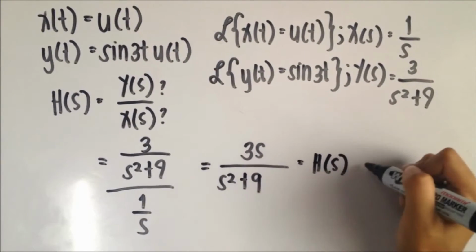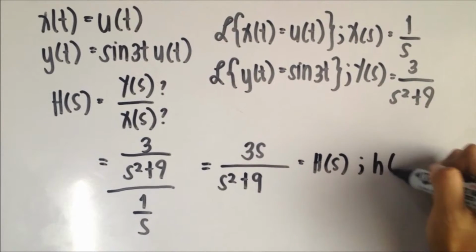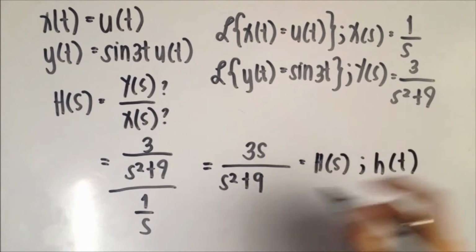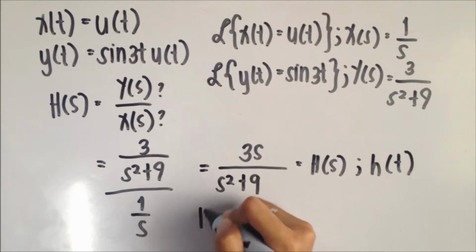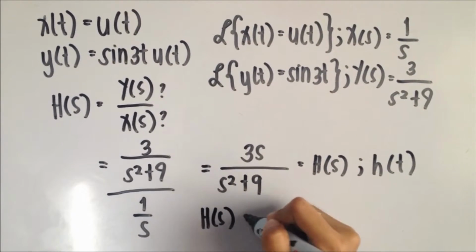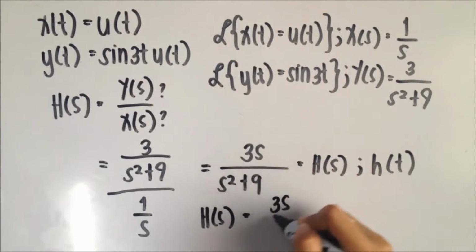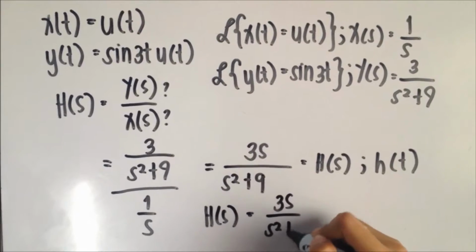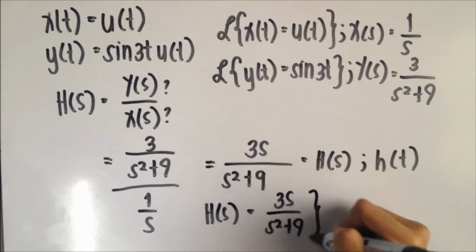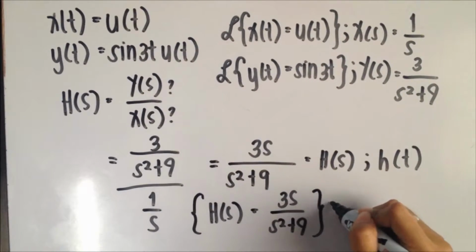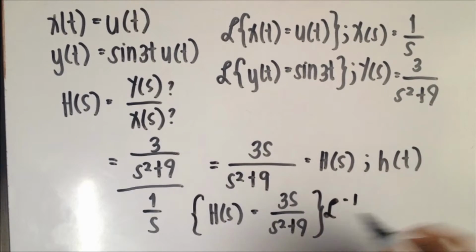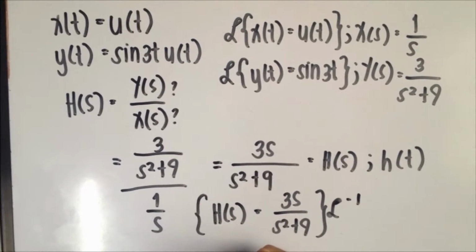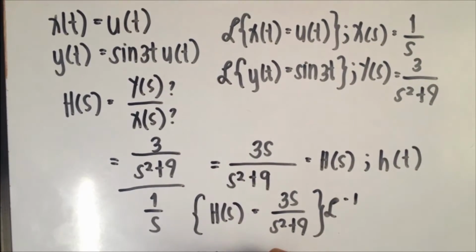But in the problem, h of t is being asked. So we're going to have to perform inverse Laplace transform on the transfer function h of s. So 3s over s squared plus 9 inverse Laplace will be equal to h of t.